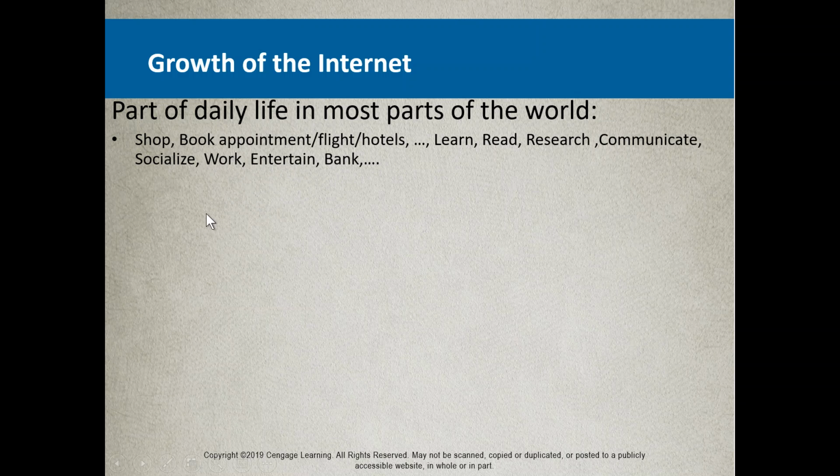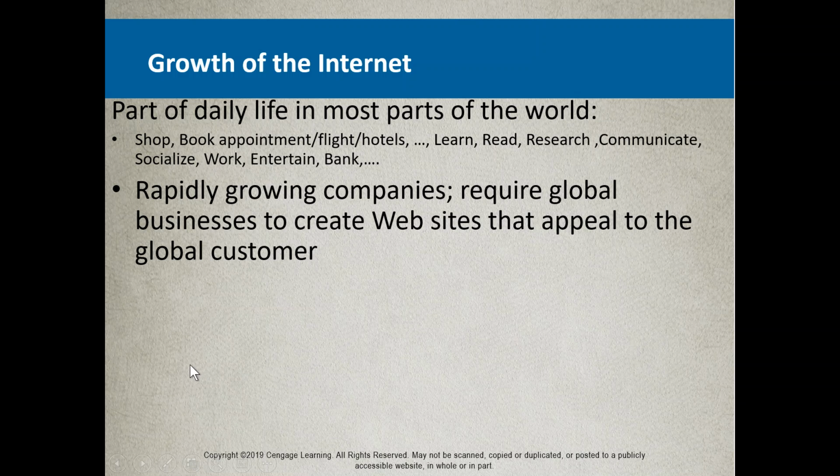And as the internet has evolved and continues to evolve, it keeps getting faster and easier. We seem to be putting more stuff on it, and things are just getting better and better. So companies have had to adapt to this. When you're dealing with globalization and companies are globalizing, you need to create regional sites and presence.